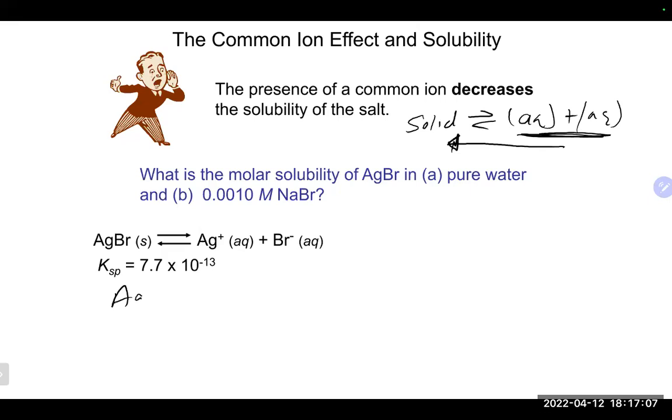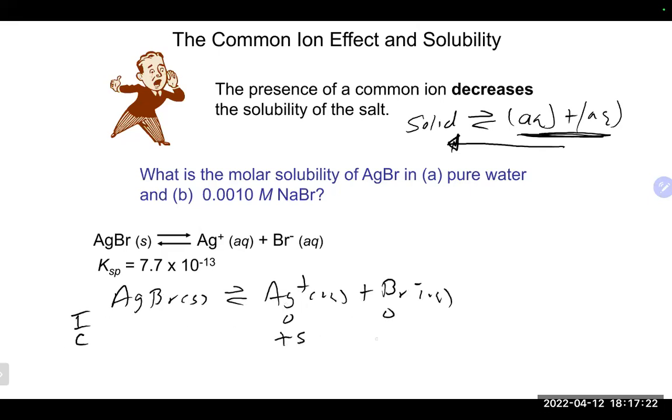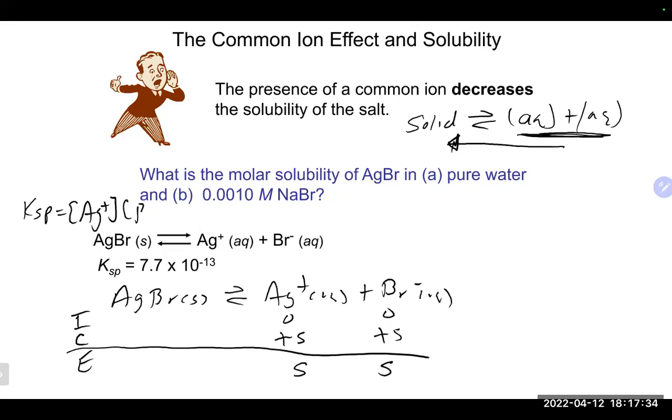If we do our ice table and calculation, we get some silver and some bromide, starting at 0 and 0, plus S, so at equilibrium we have S and S. Our Ksp, silver times bromide, gives S squared equals 7.7 times 10 to the minus 13.